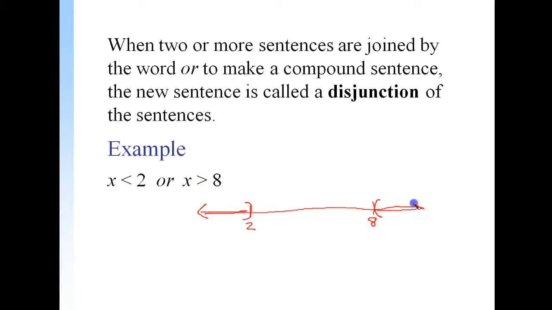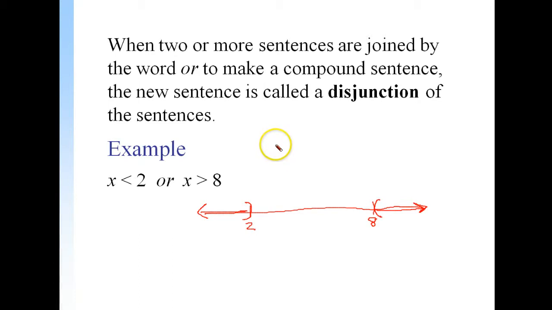Now, normally, if this were an intersection, there would be no intersection. It would be an empty set. But since this is a union, how would we write this?